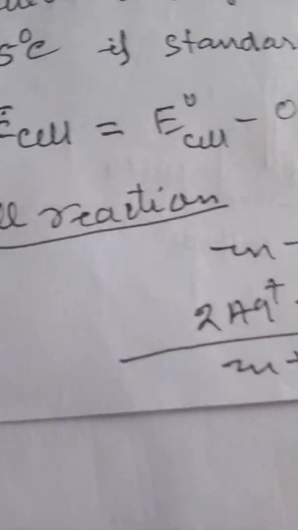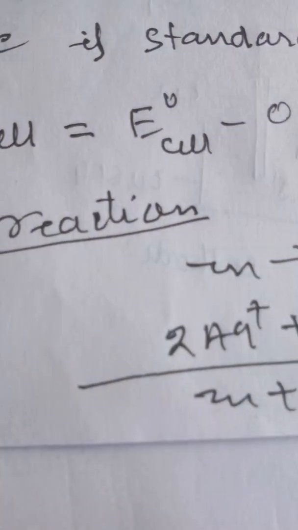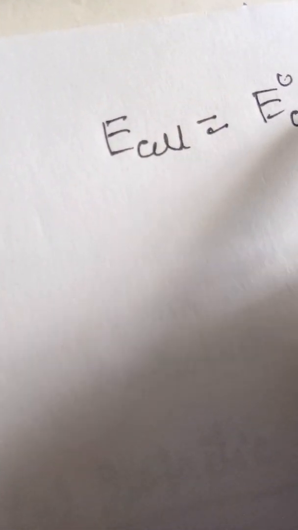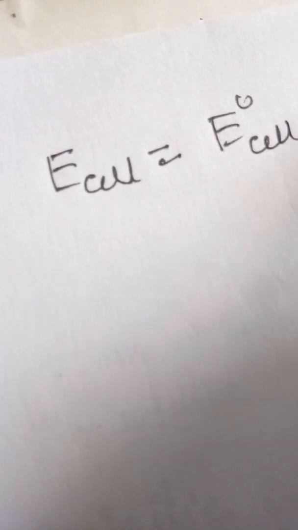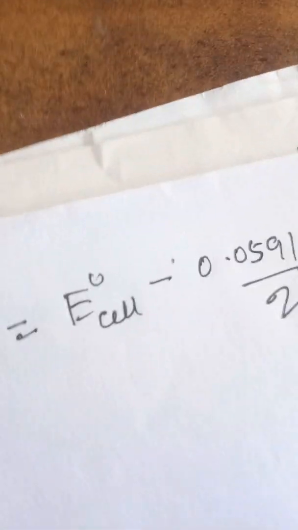Now we have to put all these values and then we can solve. EMF of the cell is equal to E0 cell minus 0.0591 upon 2. What is the 2? You have seen that 2 electrons are released by the zinc metal and 2 electrons are taken by the silver ion. And there it is log concentration of the product.